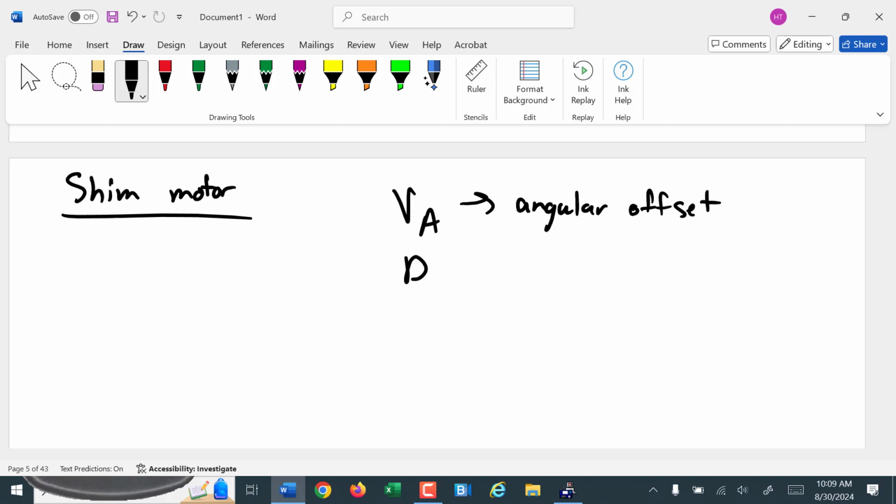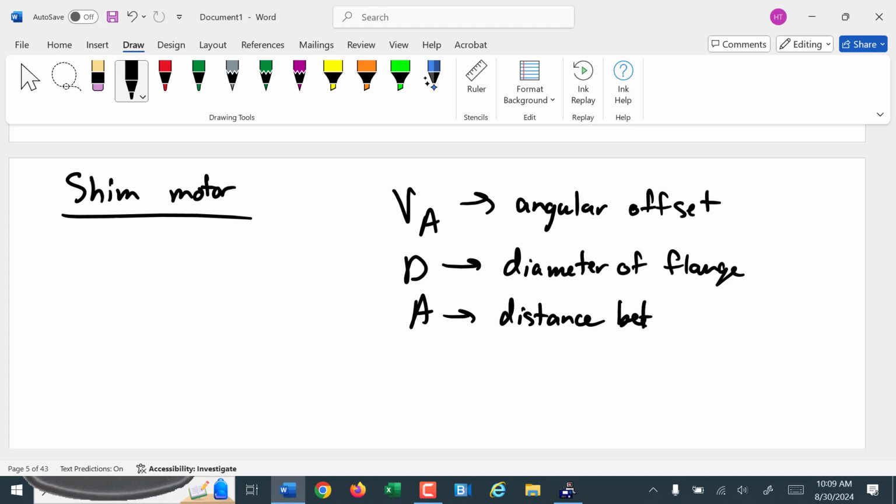Well, VA is that angular offset. Technically, it's vertical angular offset. That's where the V comes from. D is the diameter of the flange. And A is the distance between the feet on the motor.